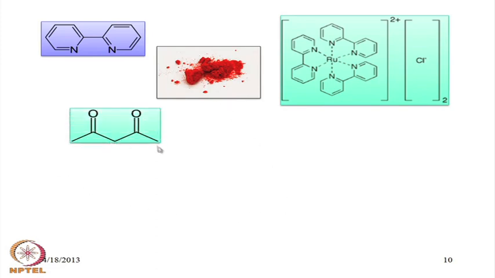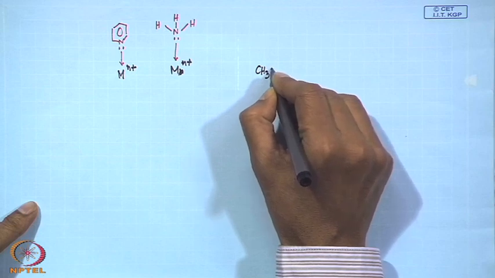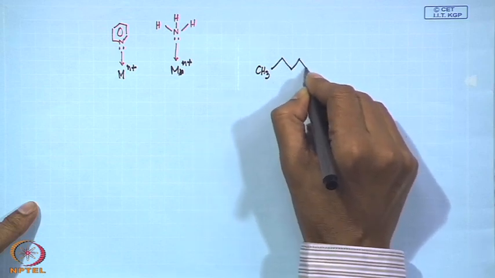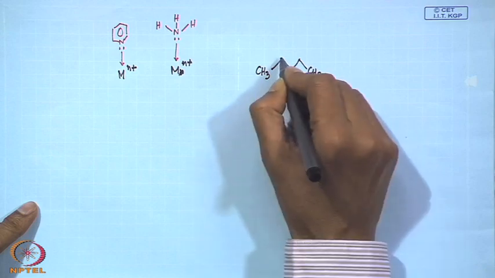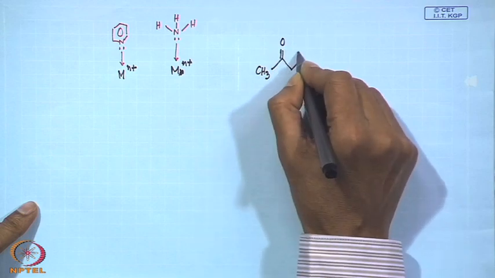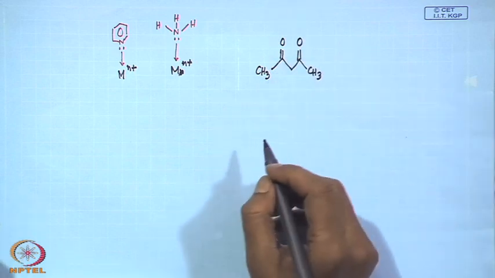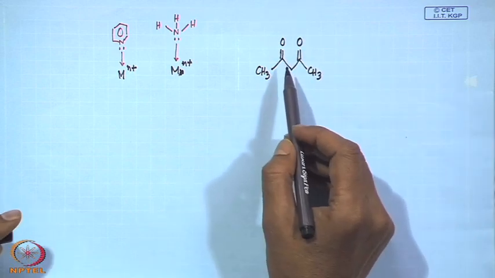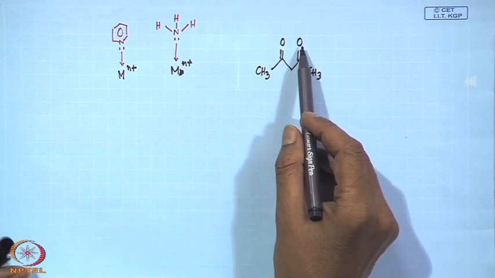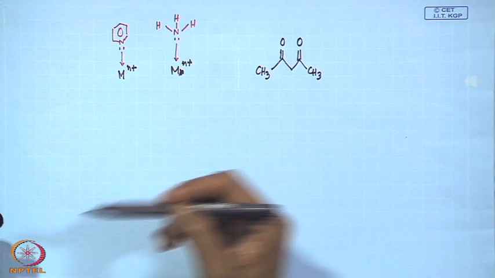Similarly, here is an example of a bidentate OO donor ligand. The previous one is an NN donor bidentate ligand, but this is a little more flexible OO donor bidentate ligand, which is acetylacetone. Acetylacetone is nothing but pentane-2,4-dione, a diketone system where two oxygen atoms are available for binding to the metal center.